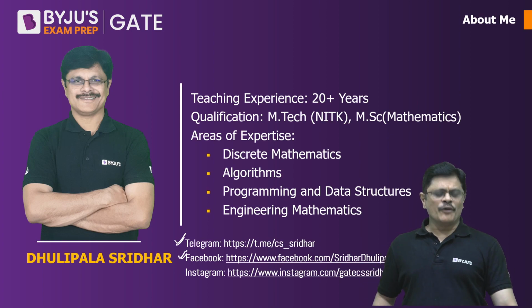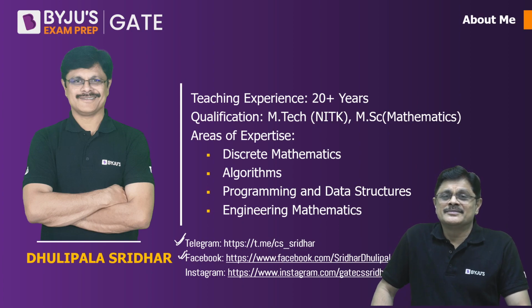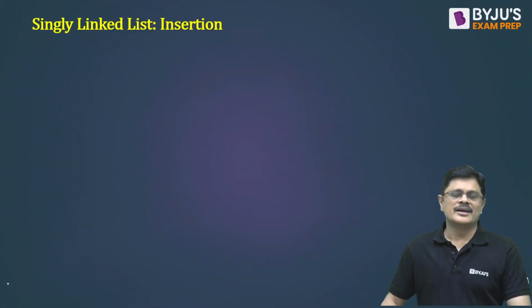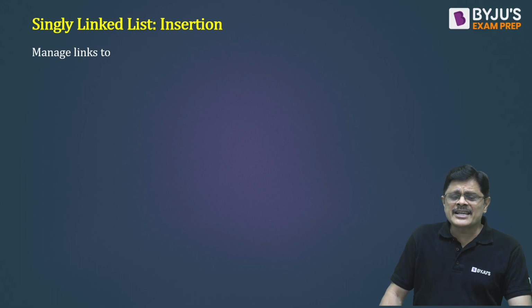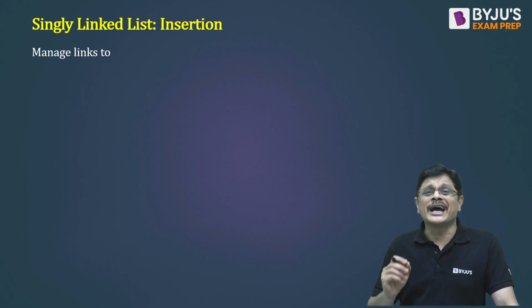Okay, so without wasting much of your time, let us learn the insertion in a singly linked list. The basic idea here is we manage the links to do the insertion.